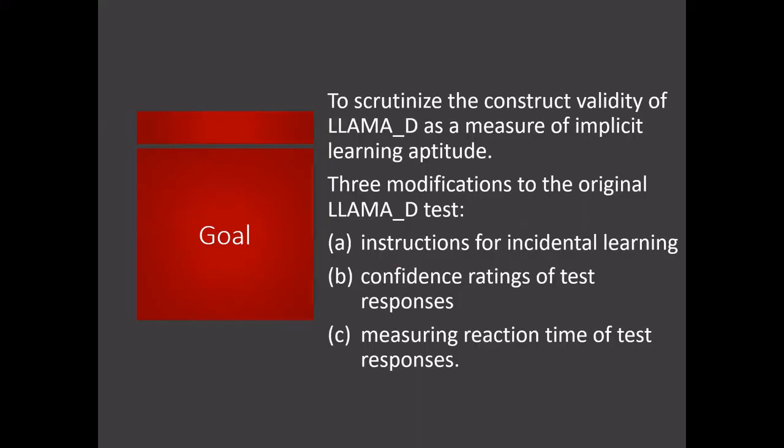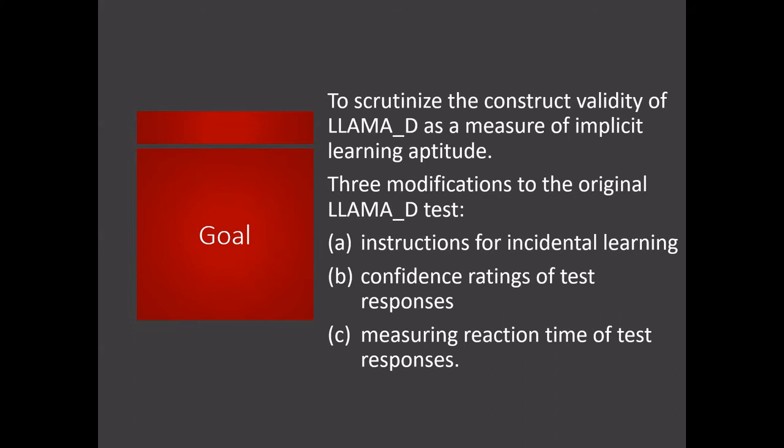The goal of the current study is to scrutinize the construct validity of LLAMA-D as a measure of implicit learning aptitude. I made 3 modifications to the original LLAMA-D test. First, I changed the instructions for more incidental learning, following Saito's study. Second, confidence ratings of test responses were added.